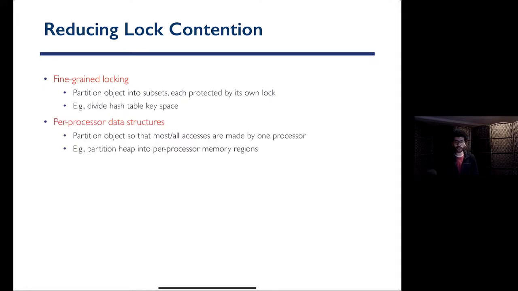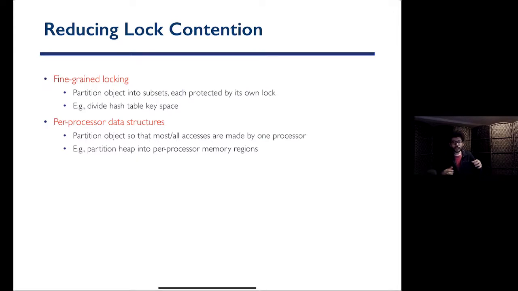The other thing that you could do is to do per processor division of your data. For example, if we're talking about the heap, the heap is a shared resource for all threads because all of them have access to the same heap.